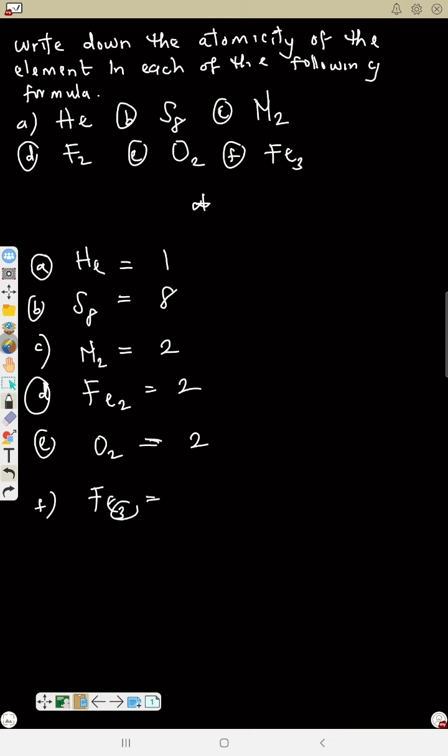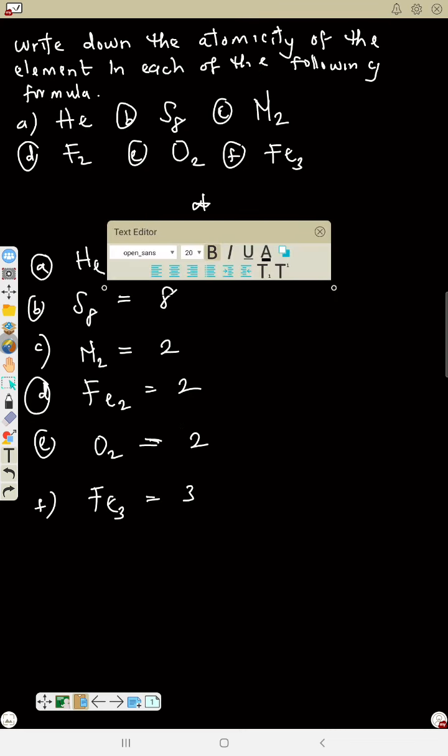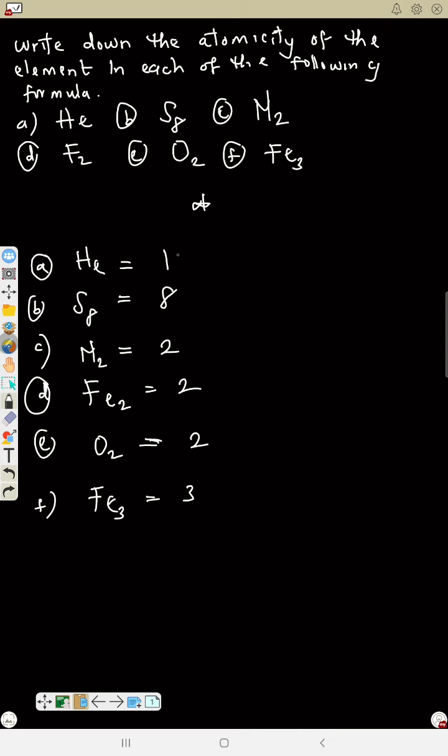So this is iron. So the atomicity here is 3 because I have 3 atoms of iron. So you can see the number of atoms present in a molecule of an element here is, for helium is 1, for sulfur is 8, for nitrogen is 2, fluorine 2, oxygen 2, and iron 3.